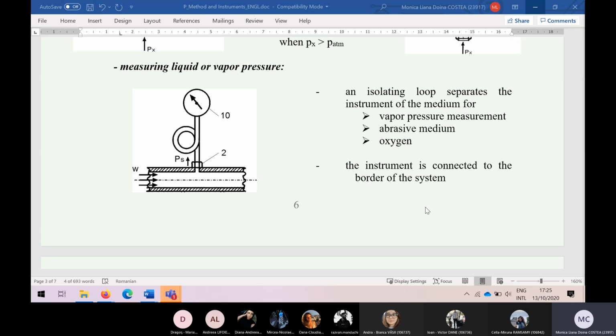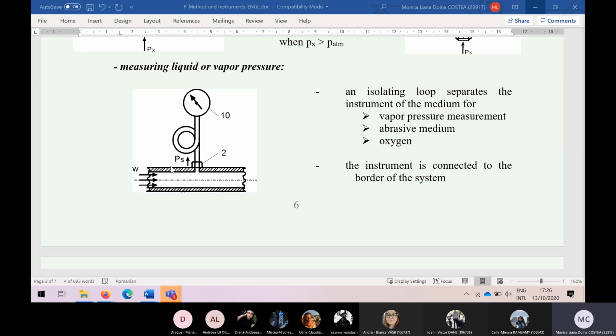So the dynamic pressure is increased, but because the sum is constant, the static pressure is reduced, and this determines the drop of fuel to enter the air flow. I'm sure that you will have this information detailed in the course of thermal engines.